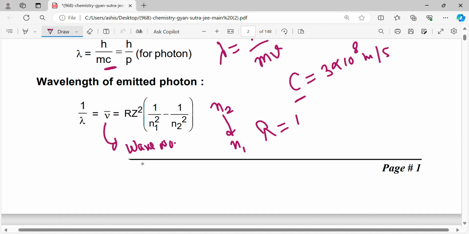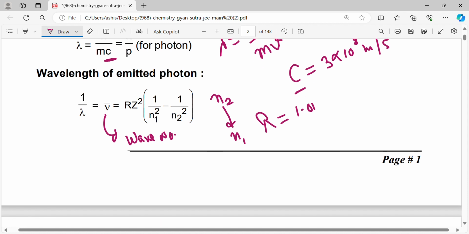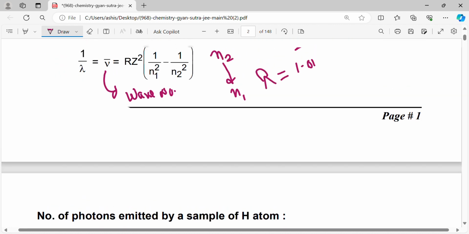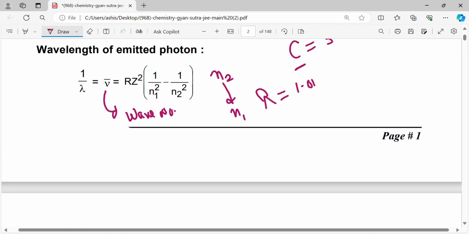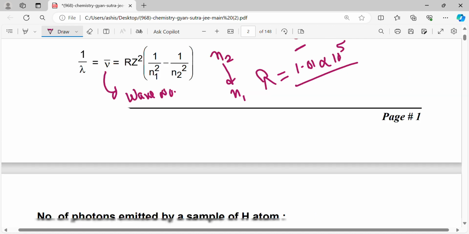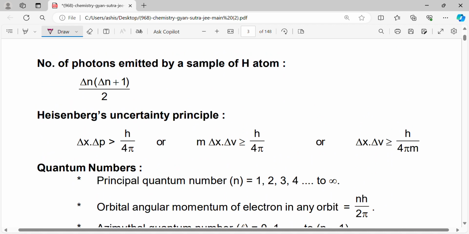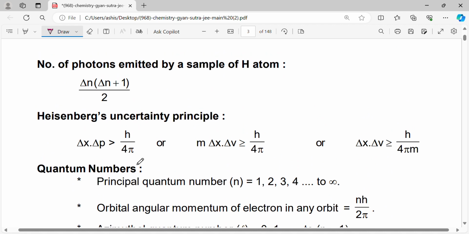R is the Rydberg constant, which is 1.09 into 10 raised to power 5 per cm. Number of photons emitted by a sample of hydrogen is equal to delta n into delta n plus 1 by 2.